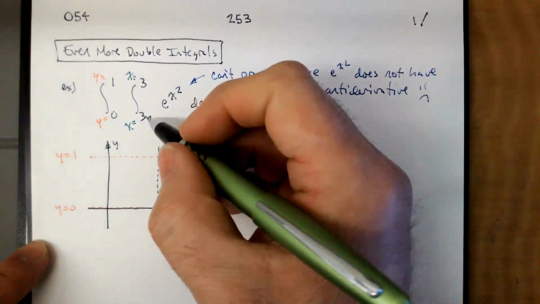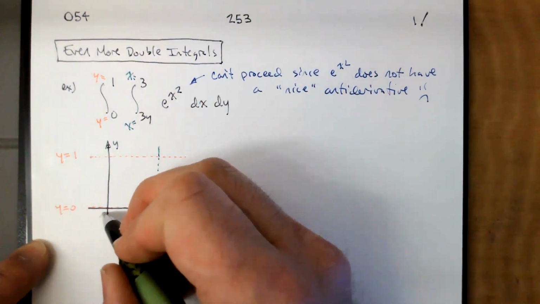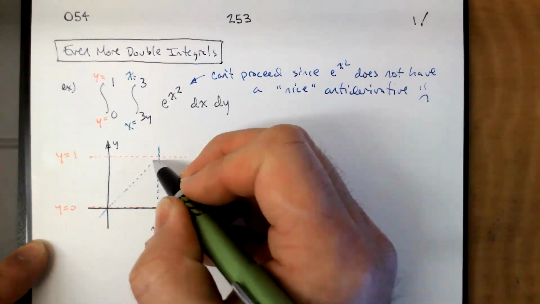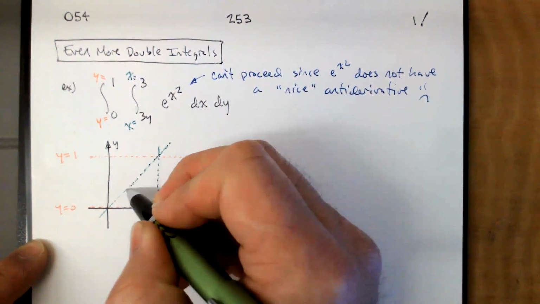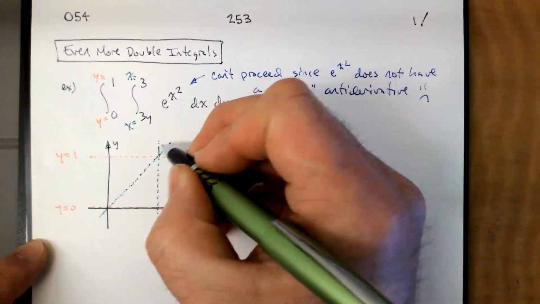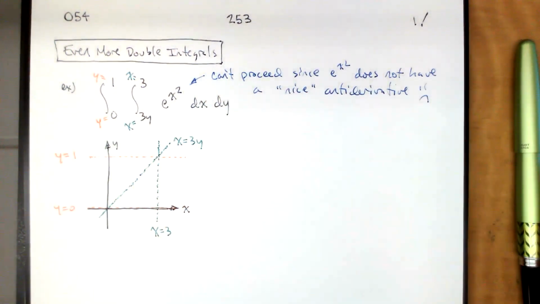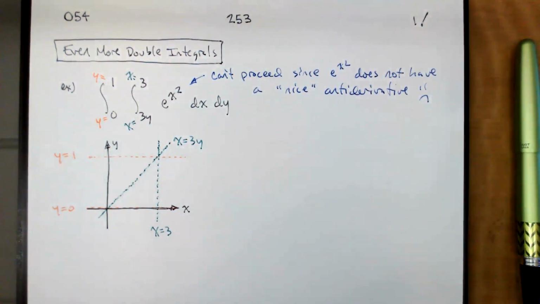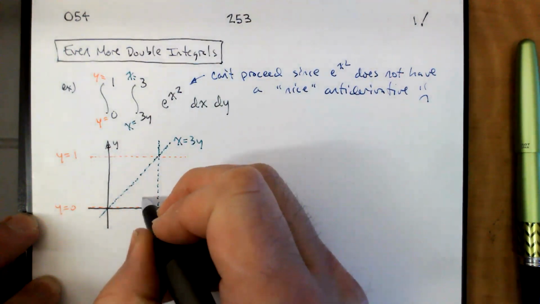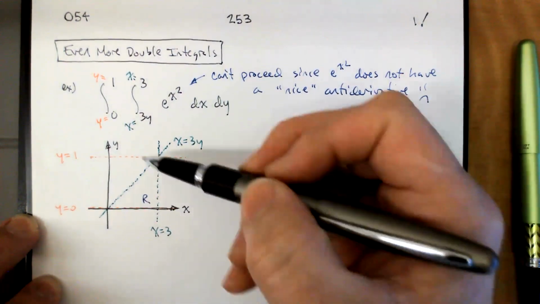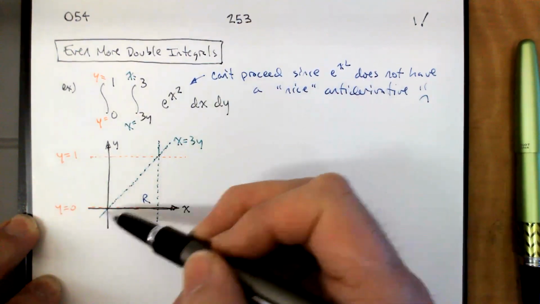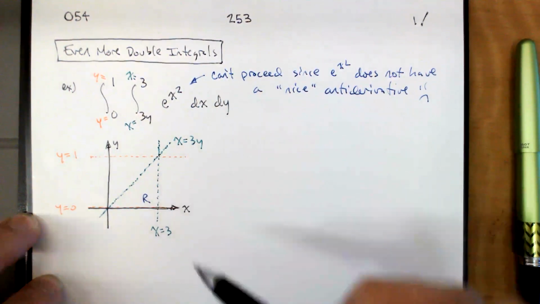So if I draw the line x equals 3y, x equals 3y is my left bound, x equals 3 is the right bound. So you've got this triangle. This is the region that we're integrating over. Y goes from 0 to 1, and x starts off at 3y and goes up till 3.